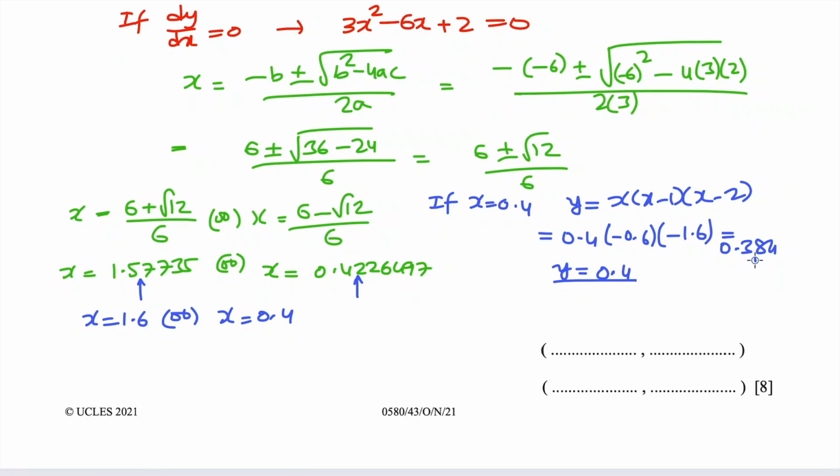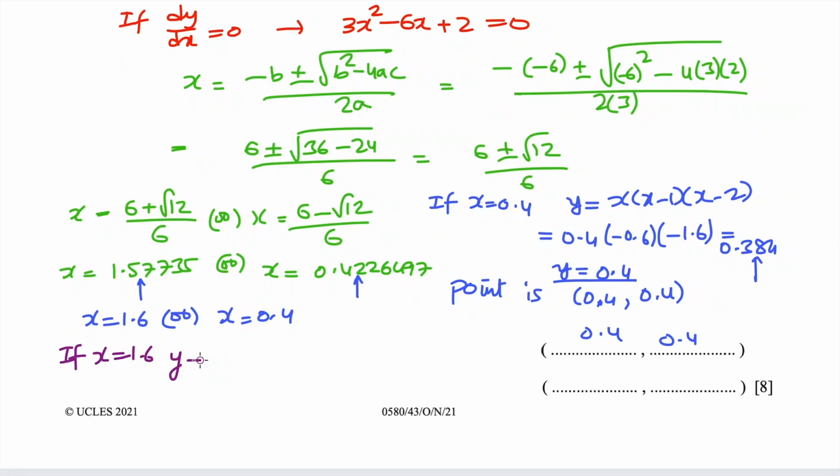Again, I need to round it up to one decimal place. So the first point is 0.4 comma 0.4.